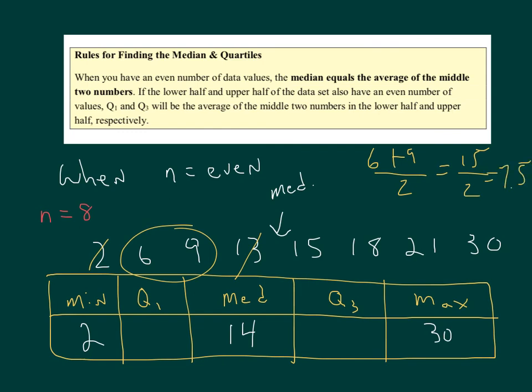So our Q1 is going to be 7.5. And likewise, for the Q3, it's going to be the arithmetic average of 18 and 21, which is 19.5. Whoops, I meant that to be whiting, but that's all right. You get the point. So this is a nice drawn-out example of what we're saying right here.